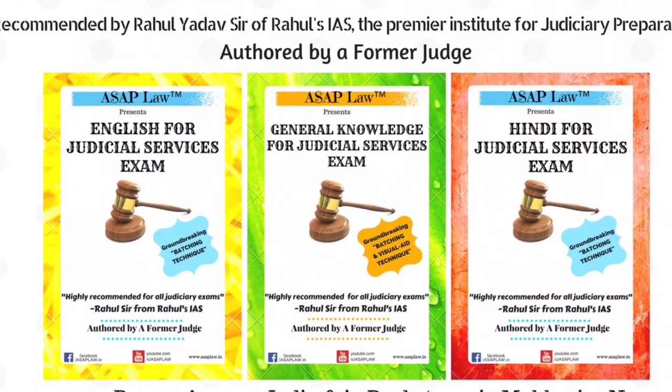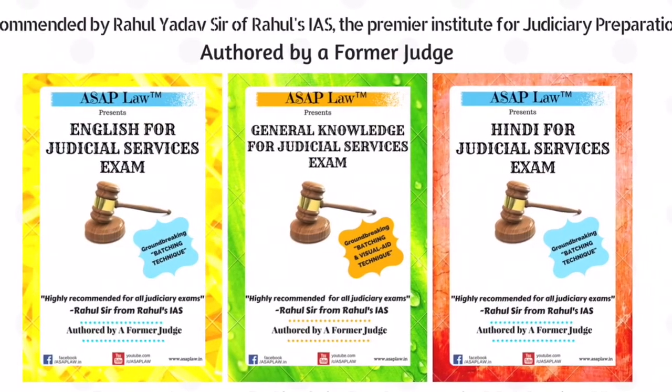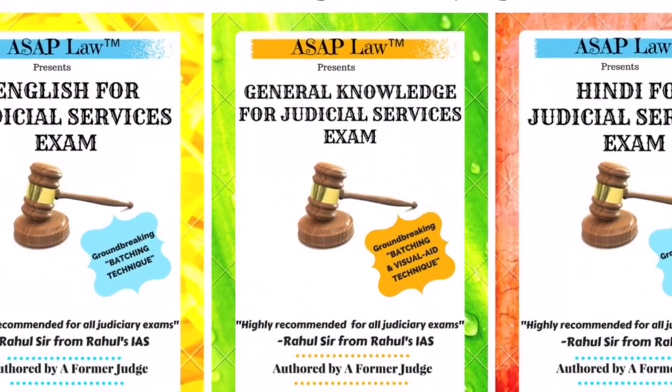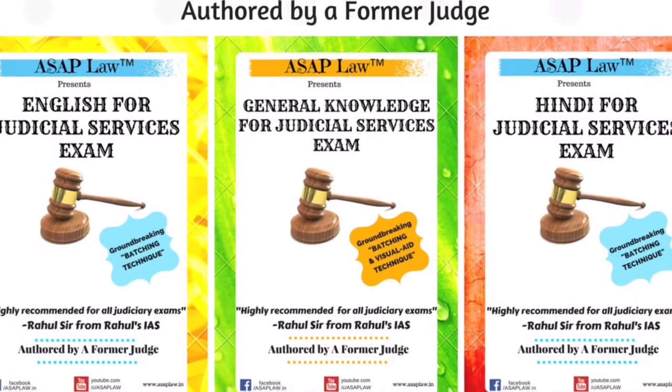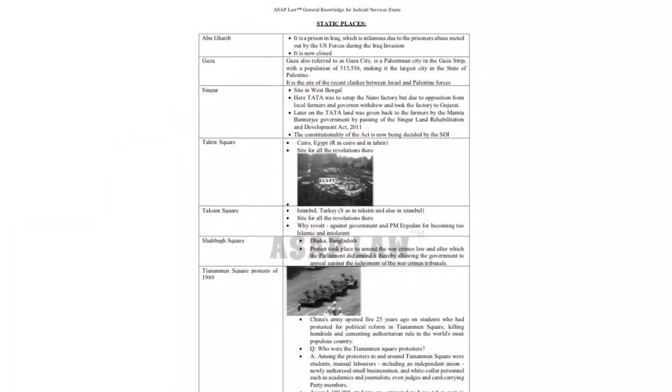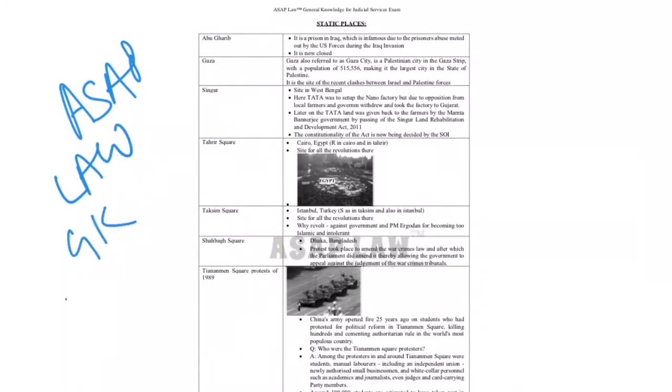Now if you have our GK book, I want you to take a look at page 11. If you don't have a GK book, don't worry, just keep looking at the screen. Page 11 to 66, we have provided all the static important places. So this is page 11 onwards. Over here you can see that we've given a list.